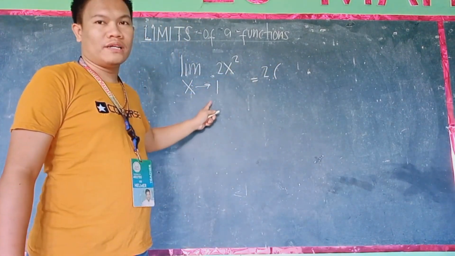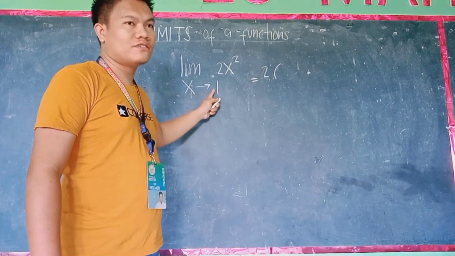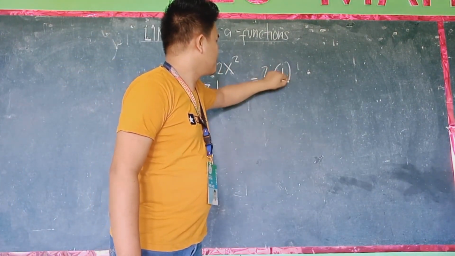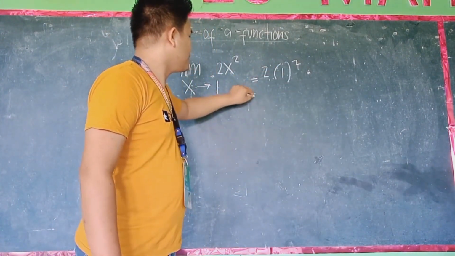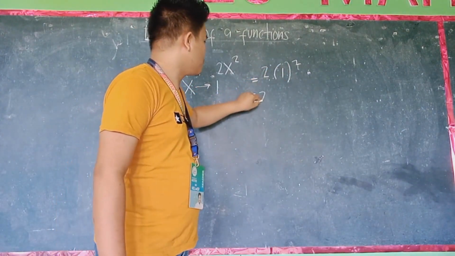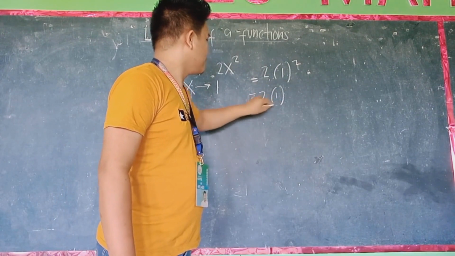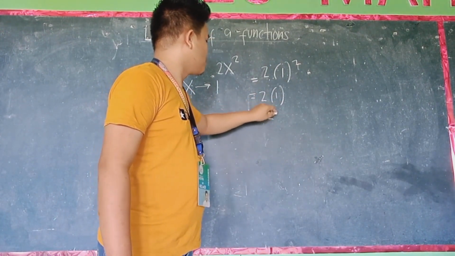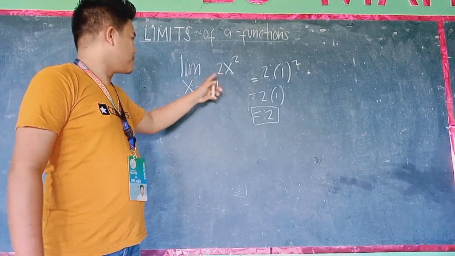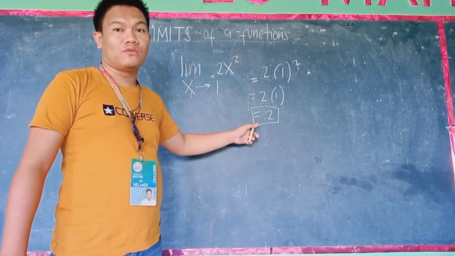Since x is 1, we substitute 1 for x. So this becomes 2 times 1 squared. 1 squared is 1. So 2 times 1 is equal to 2. Therefore, the limit of 2x squared as x approaches 1 is equal to 2.